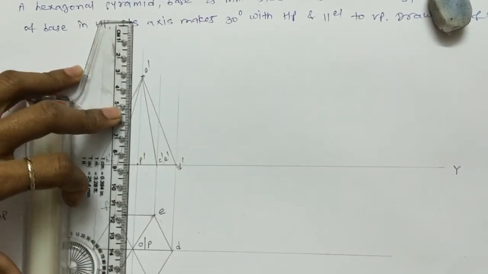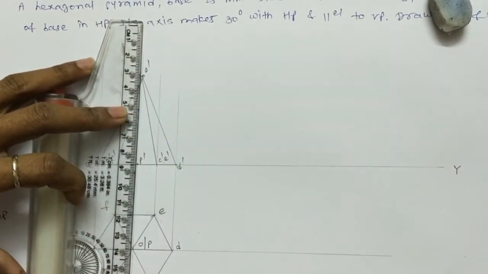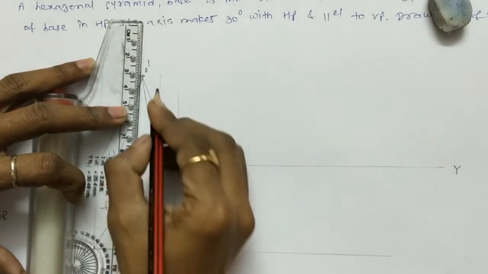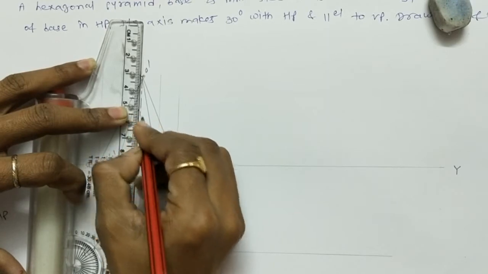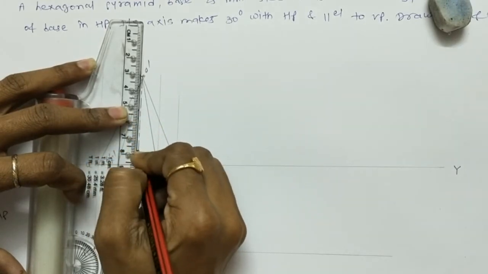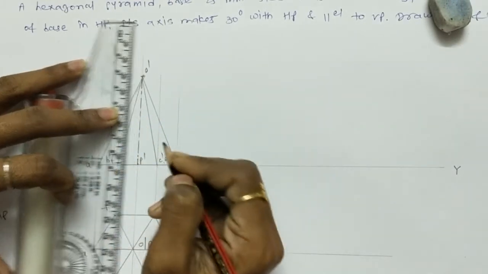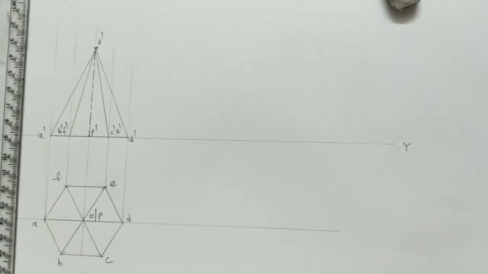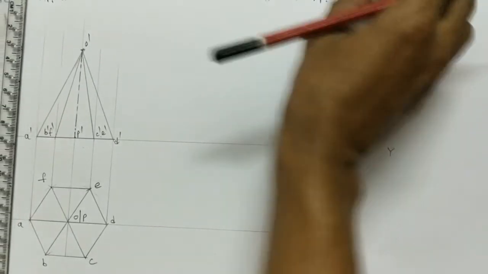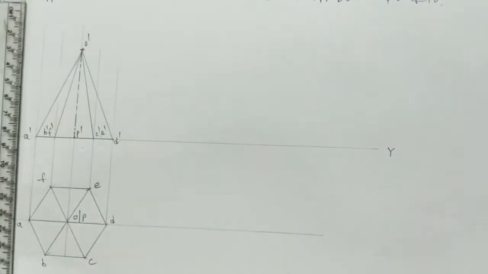Now draw axis by line like this. Now its axis makes 30-degree angle with HP is given. So axis makes 30-degree angle.